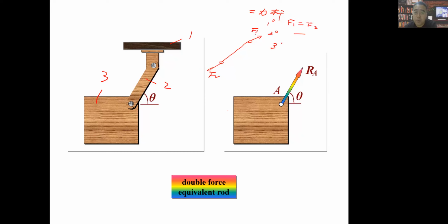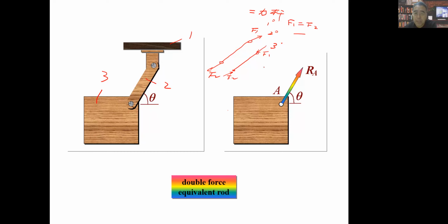So maybe these two forces F1, F2 point away from each other, or maybe they point to each other. So this is F2 and this is F1. In China, we call this 两端受拉, right? These two forces are trying to let this rod elongate a little bit.